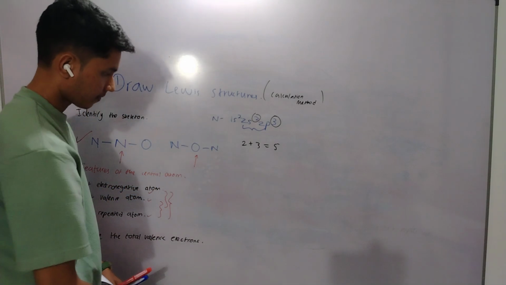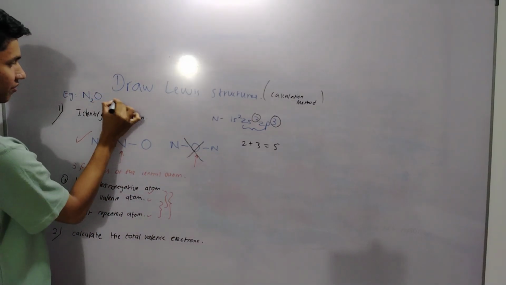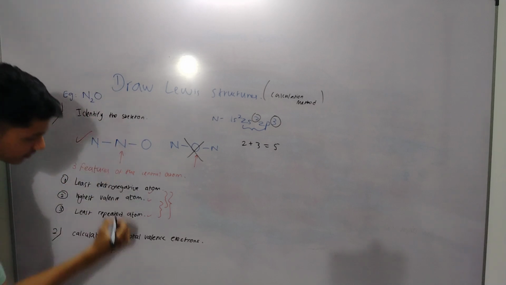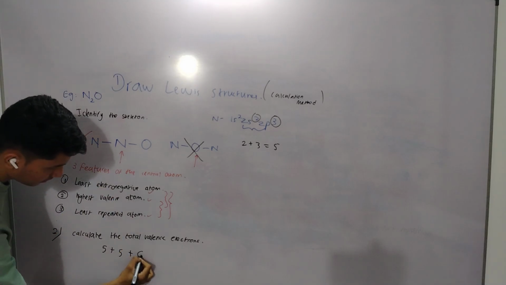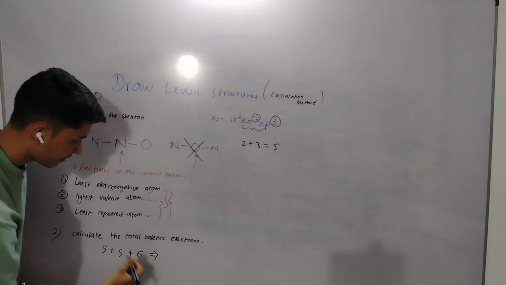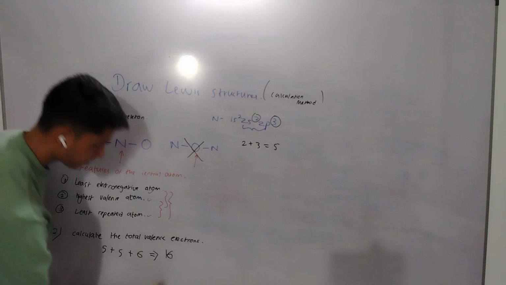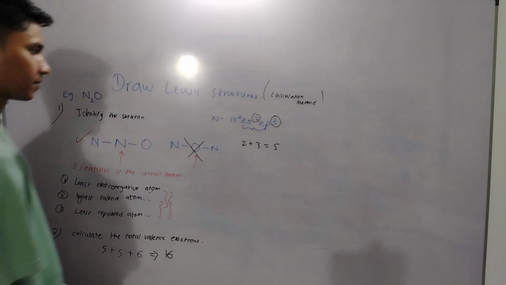Nitrogen 5, we have another nitrogen, 5, and oxygen 6. You can check that the valence electrons of oxygen is 6. This will be equal to 10 plus 6, 16. So this is the total valence electrons.